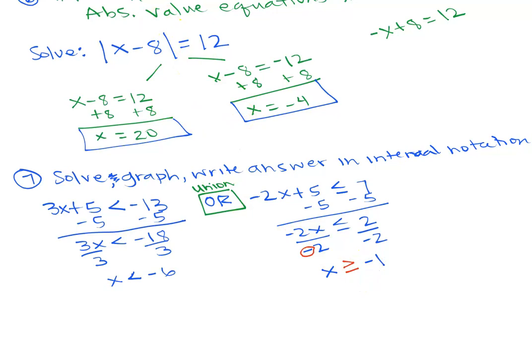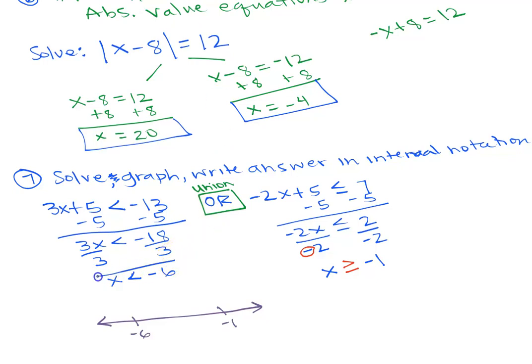And now I need to just graph these on the number line. So I'm going to have -6 somewhere down this way and -1 here. Make sure this is a number line we're making, so as the numbers get further and further to the left, they get smaller and smaller. Then I'm going to do these in 2 different colors just so they stand out.